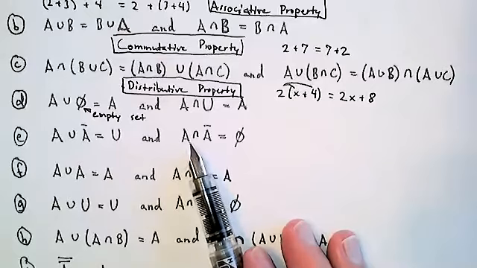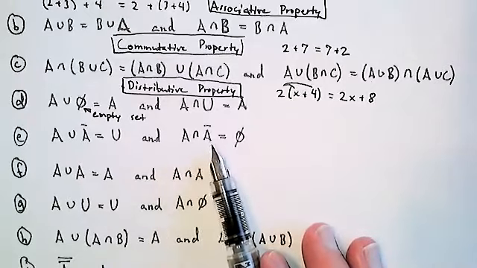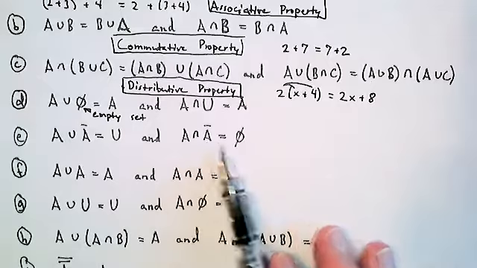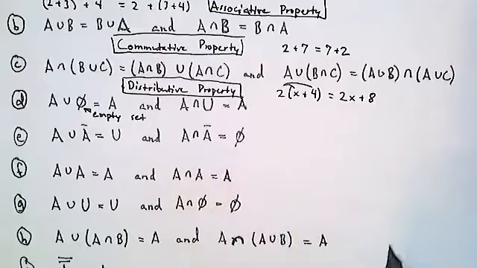And if you try to see what is in both A and not in A at the same time, you get nothing.